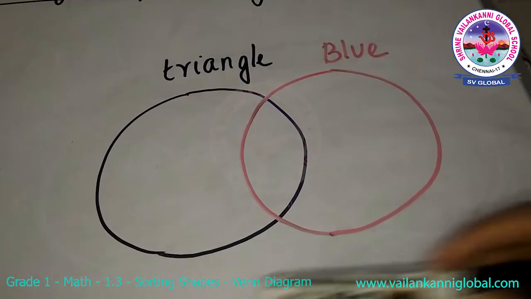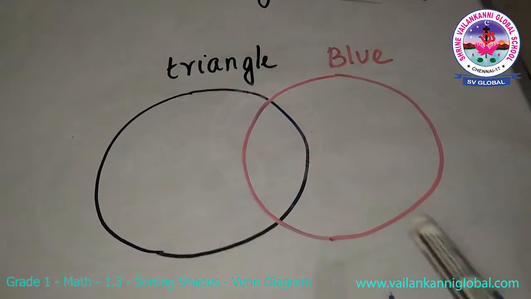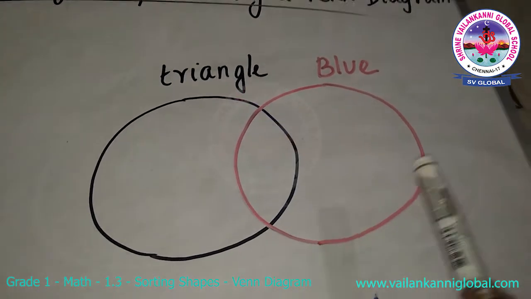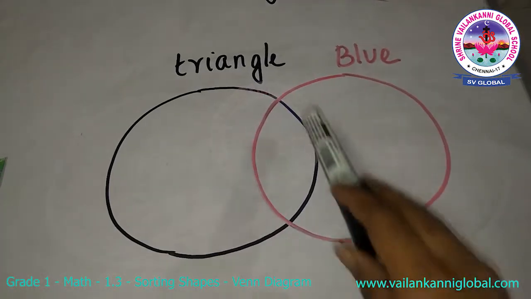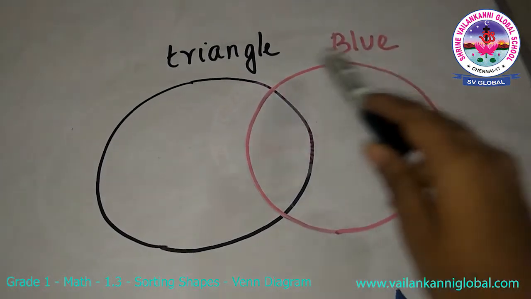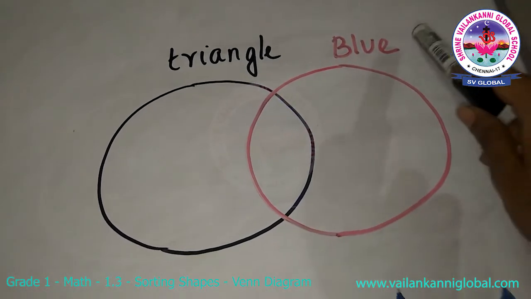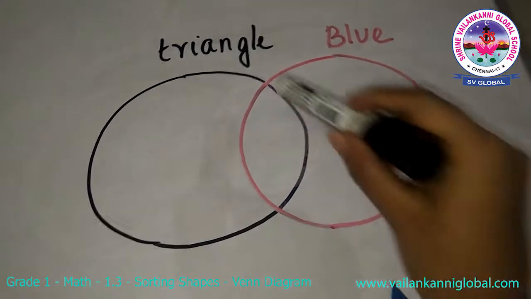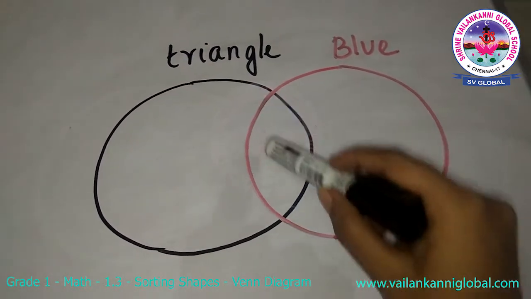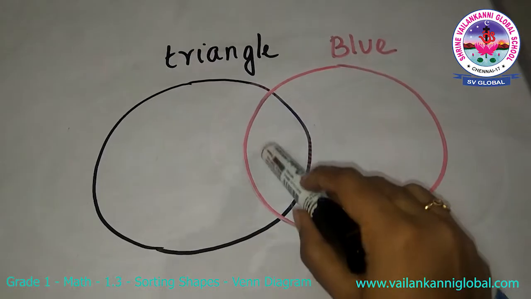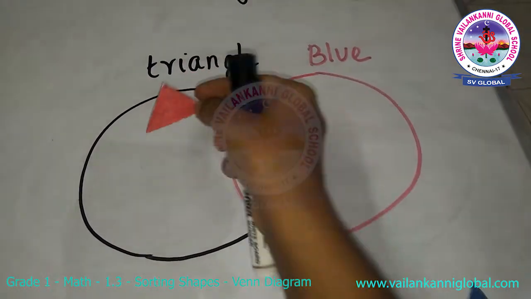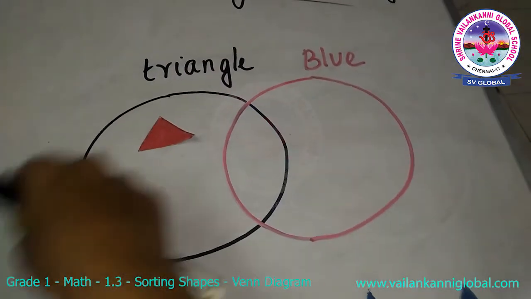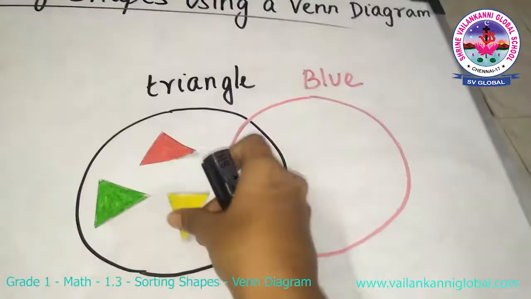Now I have drawn the circles this way, so that the black circle is for triangle and the red circle belongs to the color blue. If you can see, this is the part which belongs to both triangle as well as blue. Now I am placing the triangles: this is red, this is green, this is yellow.